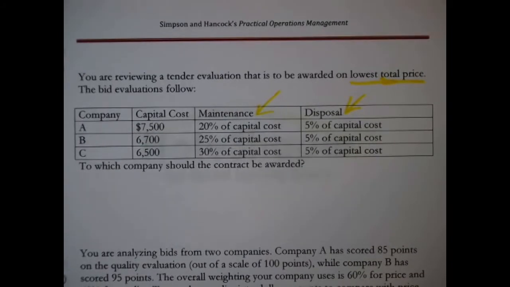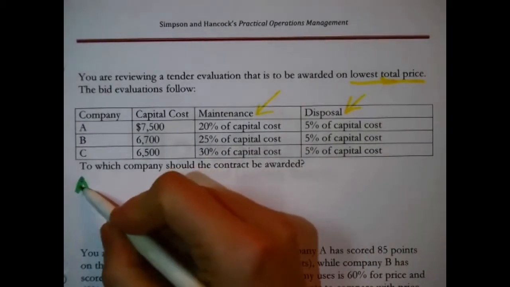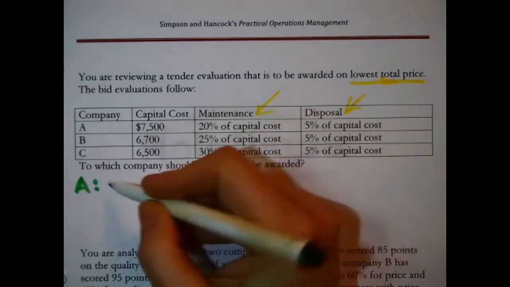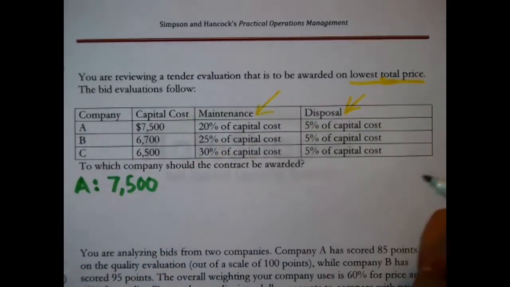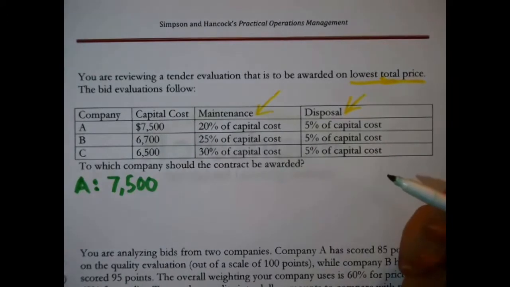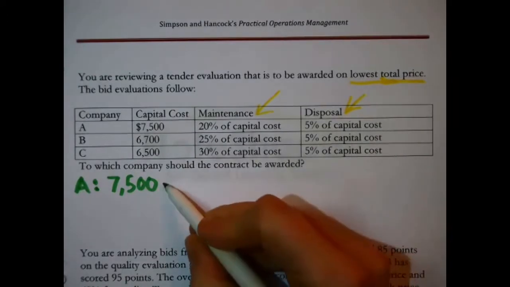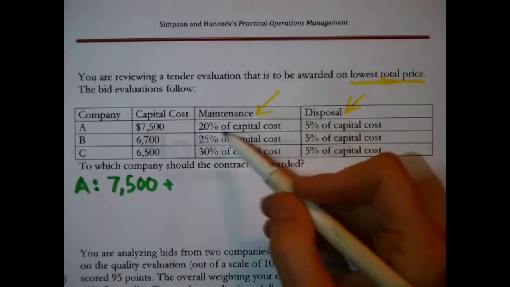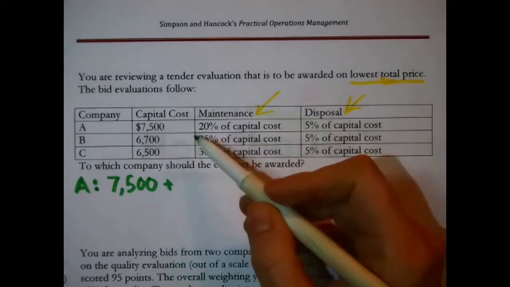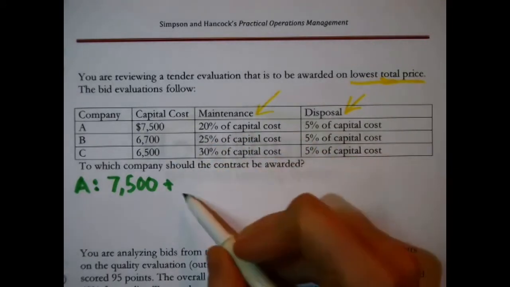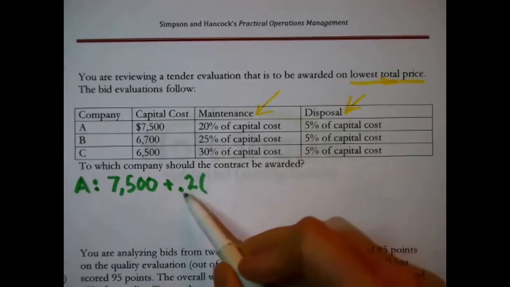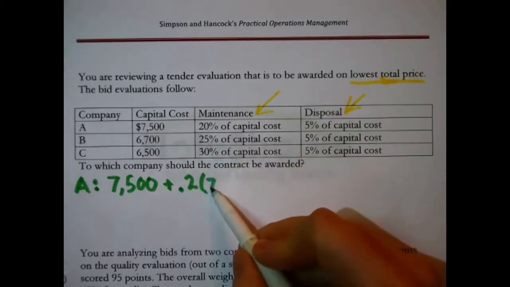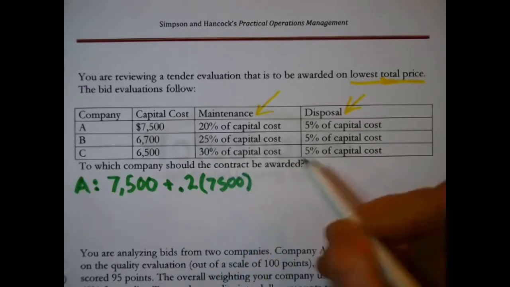Let's see. Company A. It's just logic, really. There's an upfront cost of $7,500. There is the issue of maintenance, which we believe is going to be 20% of that cost. Maintenance will be 0.2 times $7,500.